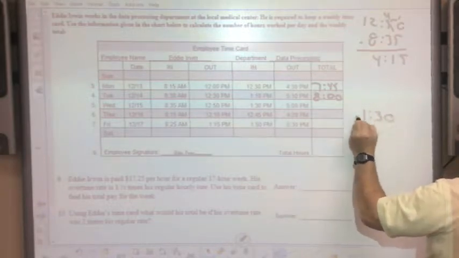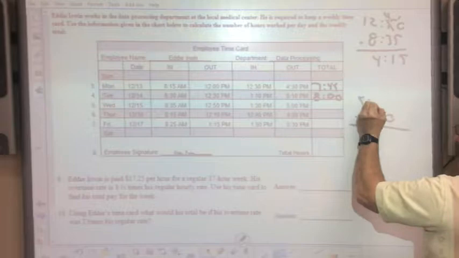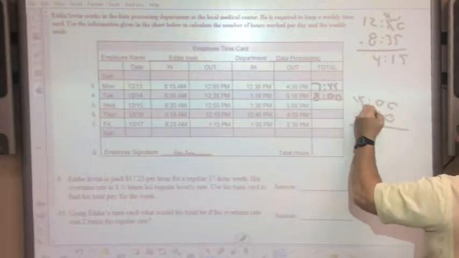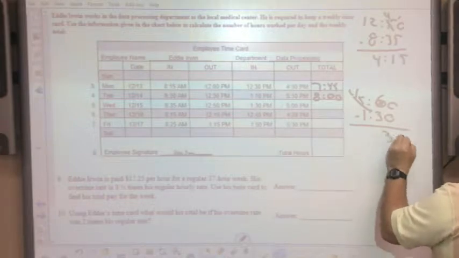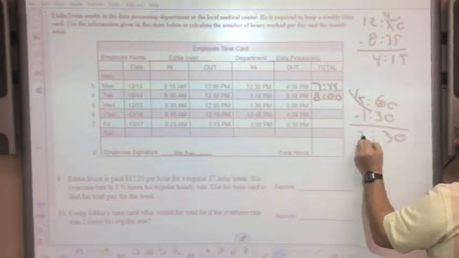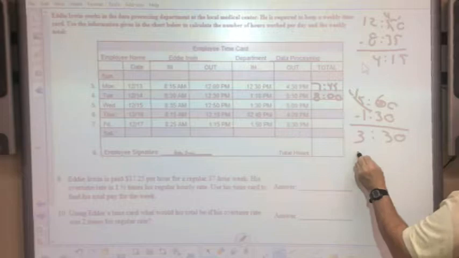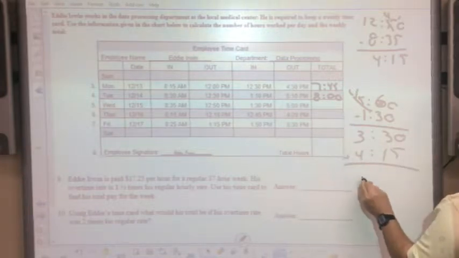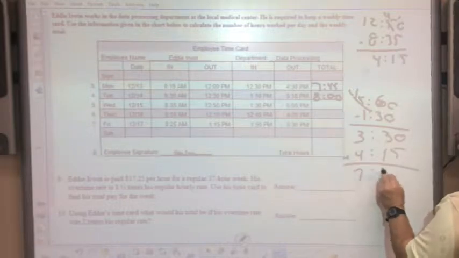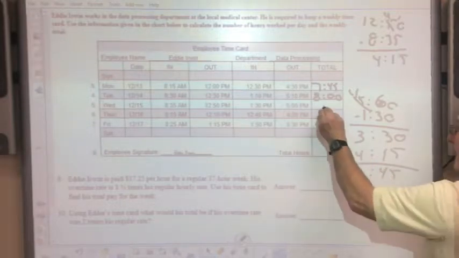And then when you come back from lunch, you come back at 1:30 and you're going to work till 5 o'clock. So you're going to have to borrow. 60 minus 30 is 30. 4 minus 1 is 3. You're going to add up the morning at 4:15 to the afternoon at 3:30, and you come up with 7 hours and 45 minutes on Wednesday.